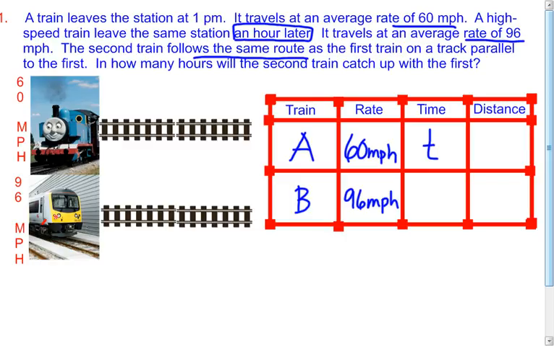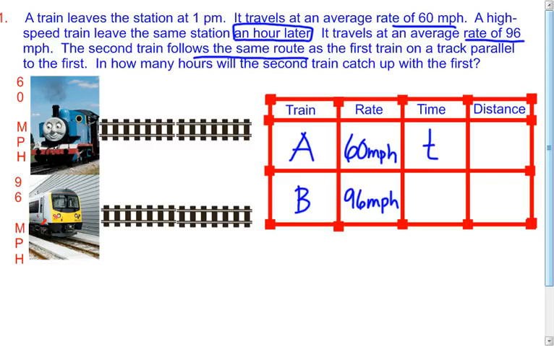So what a lot of people want to do right here is take T and add 1 to it. But here's what I want you to think about. Let's say it took train A 6 hours to get to one spot. If train B was following on the same track, but it left an hour later, it would take 5 hours only.